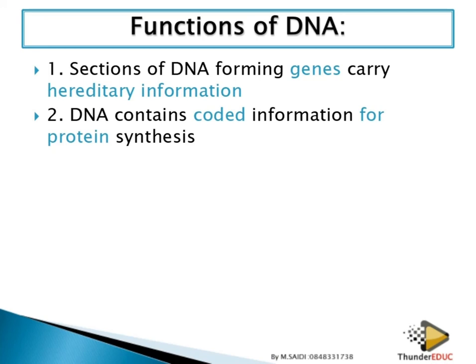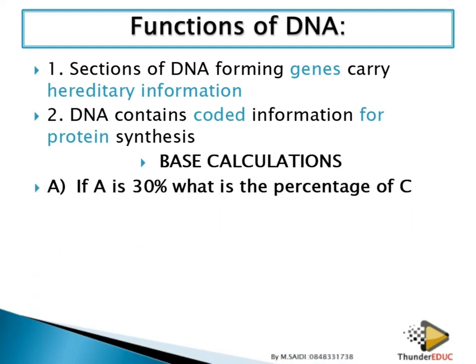Now, we have to understand the concept of base calculations, that as we say, adenine always pairs with thymine. Therefore, in a DNA molecule, the number of thymine will always be equal to the number of adenine.